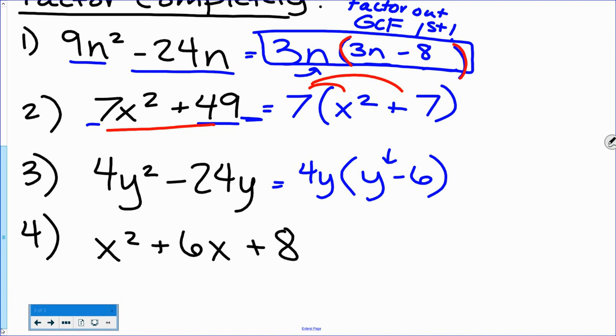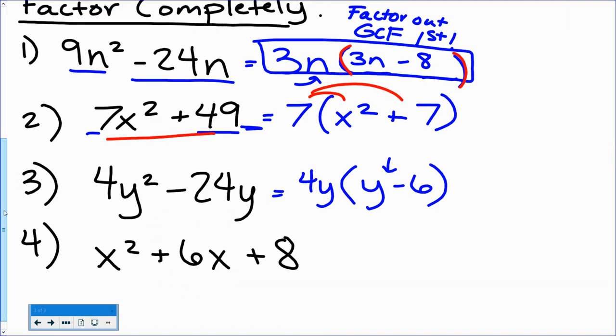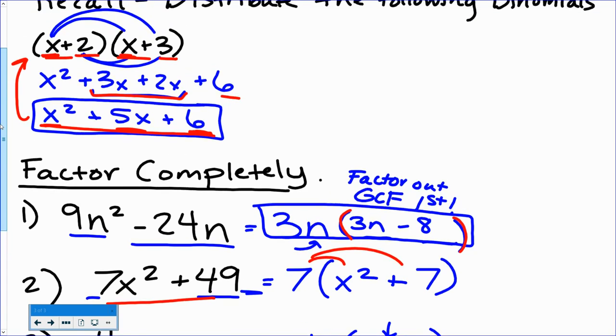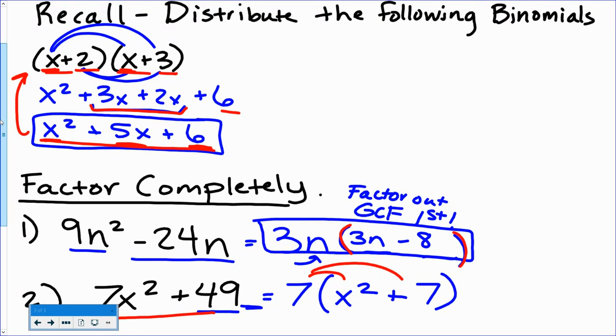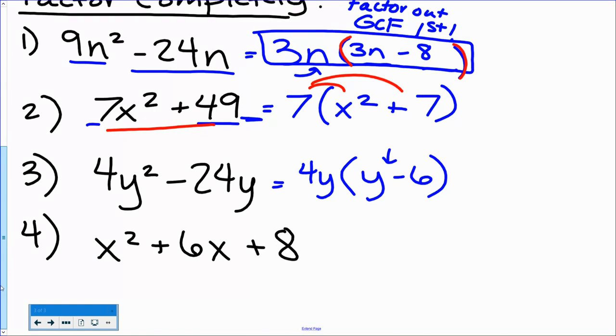All right, so from here, I'm going to do a different strategy. It's going to go more like what the very first review problem was like. All right, I'm trying to write this in a multiplied form, so I'm going to set up those 2 binomials to multiply into my x squared plus 6x plus 8.